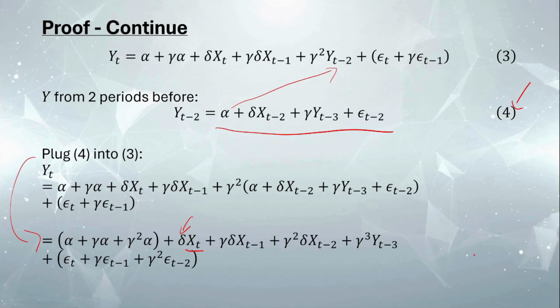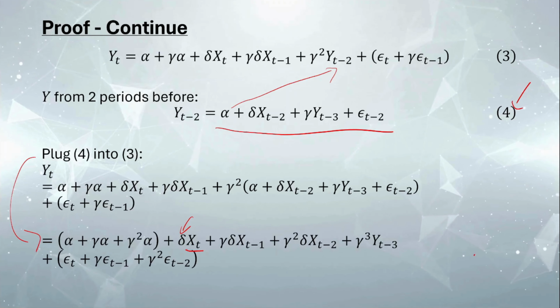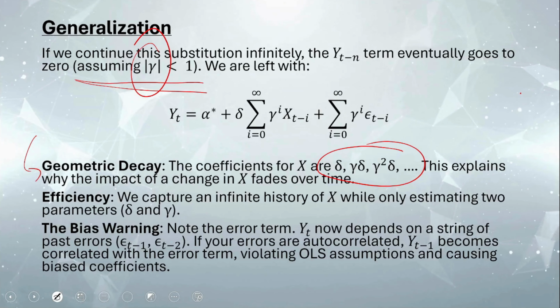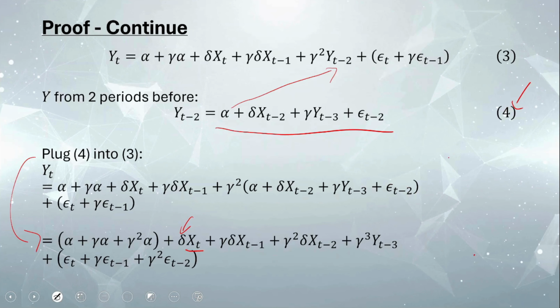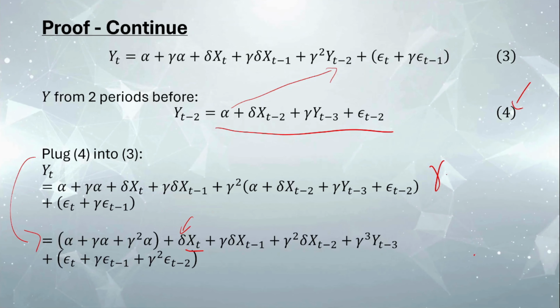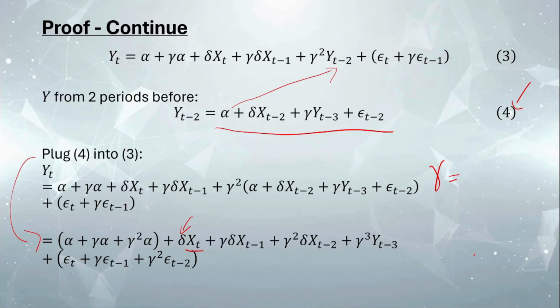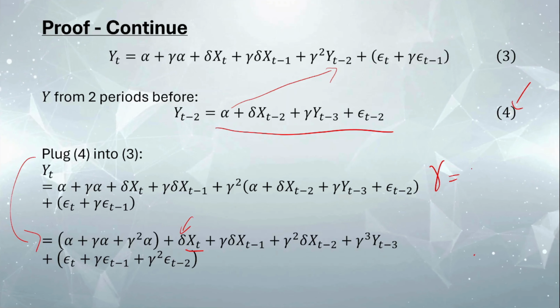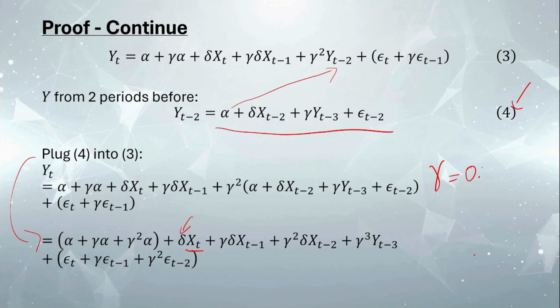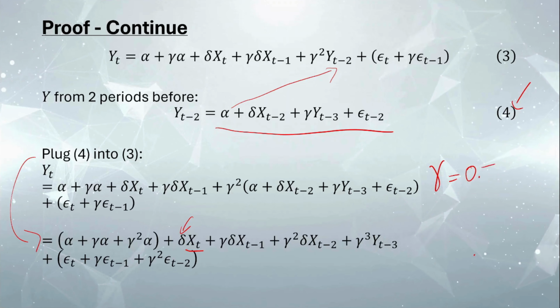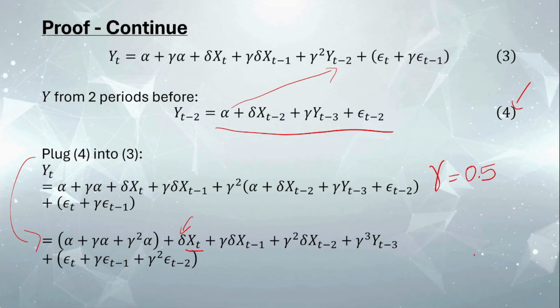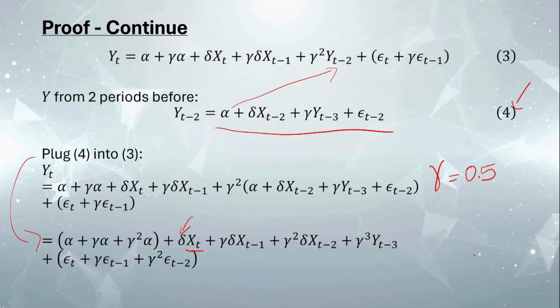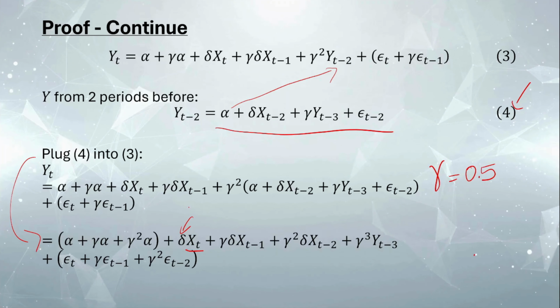Now, for simplicity, we're just going to assume that this is always 0.5. So let's say we take xt and the coefficient is 0.5.